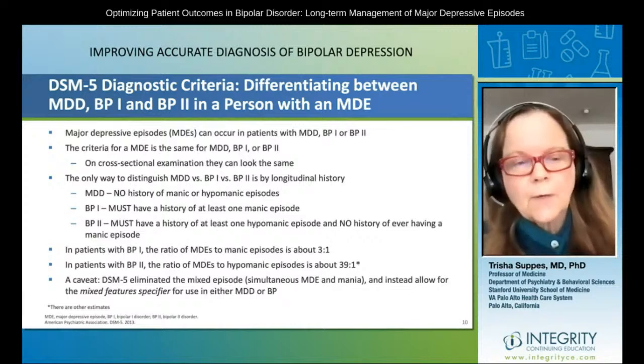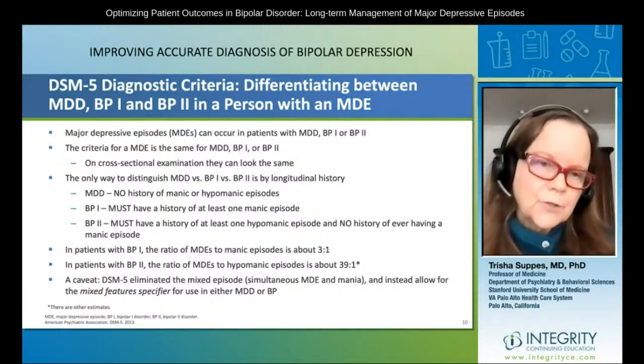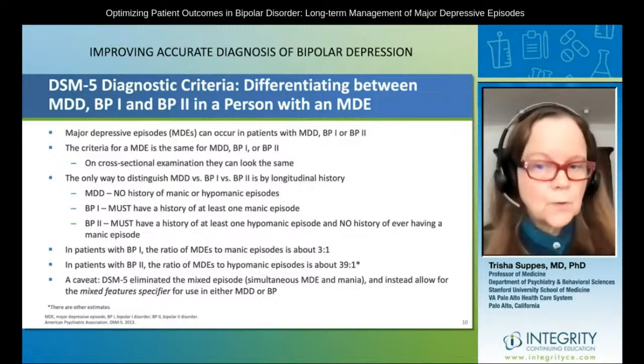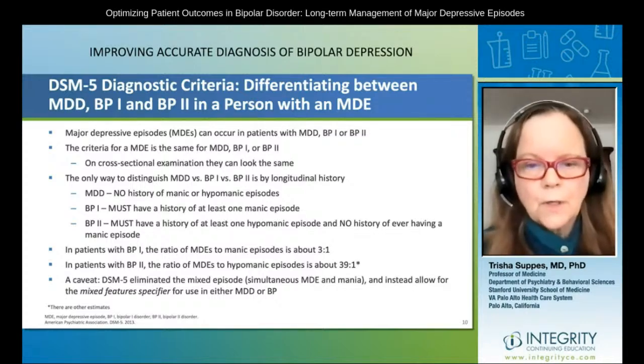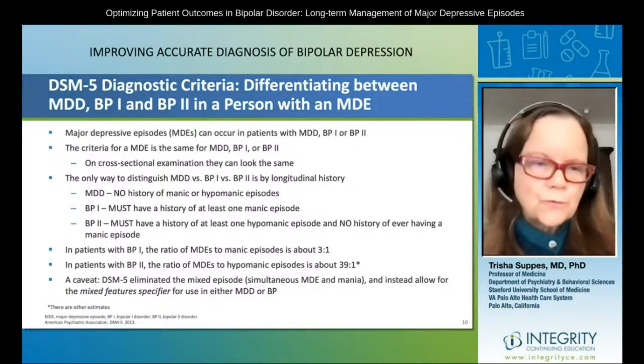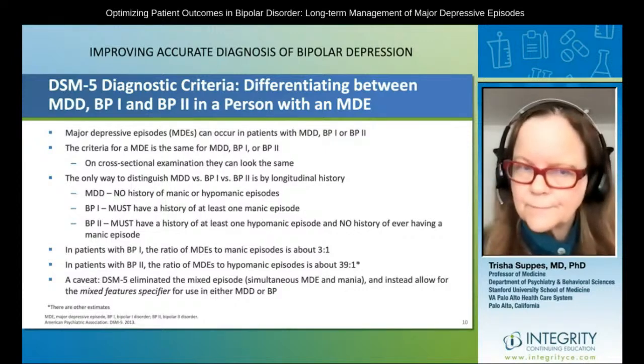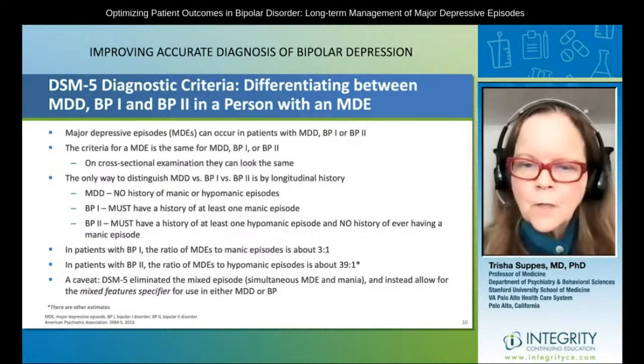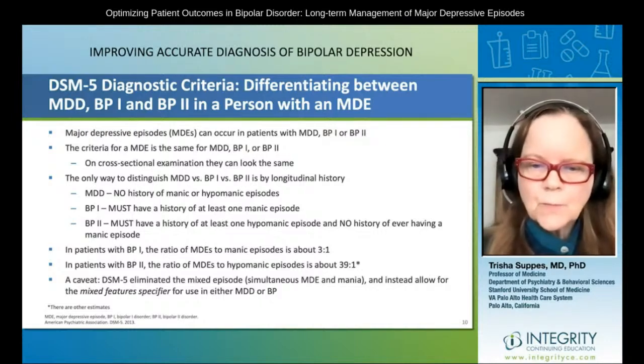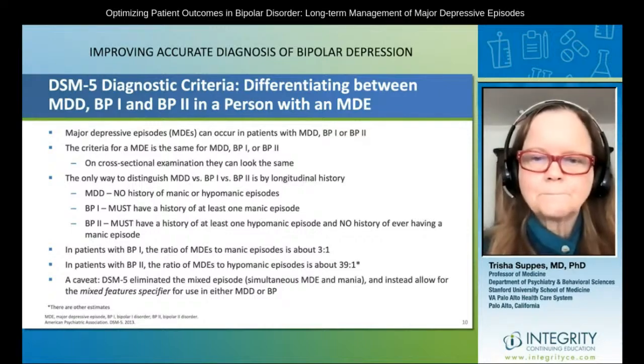In the study led by Ralph Kupka, looking at life charting, it was a much lower ratio. It wasn't 3-1, but it wasn't 39-1 either. So bipolar 2 folks are a little less prone to hypomania, but it's more like 7-1 or something. All right. We're not talking too much about the mixed features today, but we could certainly do that in Q&A.